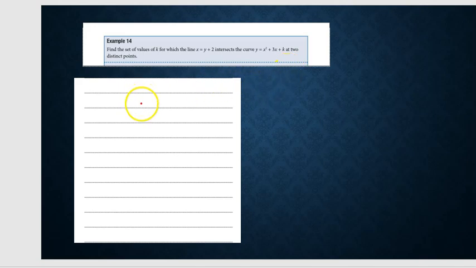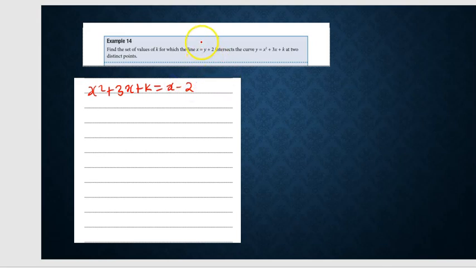So let's look at this. Both are equal to y. If both of these equations are equal, they meet when x squared plus 3x plus k is equal to x minus 2.